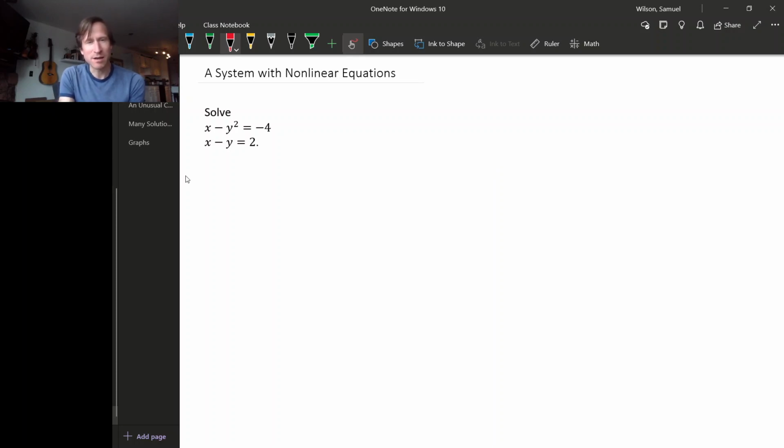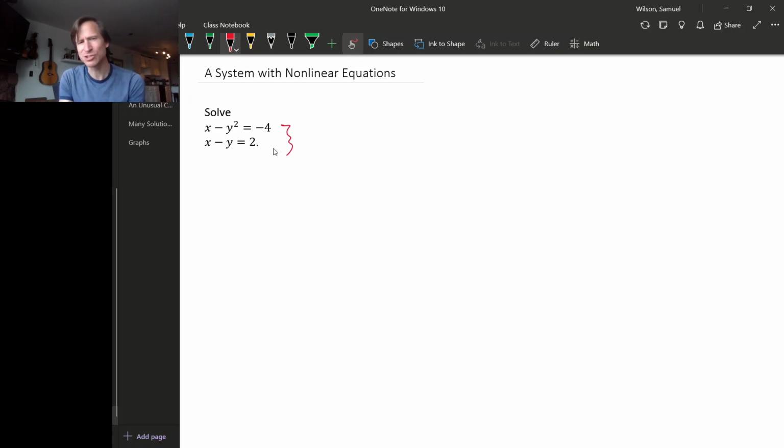So just to take an example, let's solve this system of equations. Now, we can use either the substitution idea or the elimination idea. I would say, in general, with nonlinear equations, the substitution idea is a little more consistently useful. So to use the substitution idea, why don't we take one of these two equations and solve it for one of the two variables?